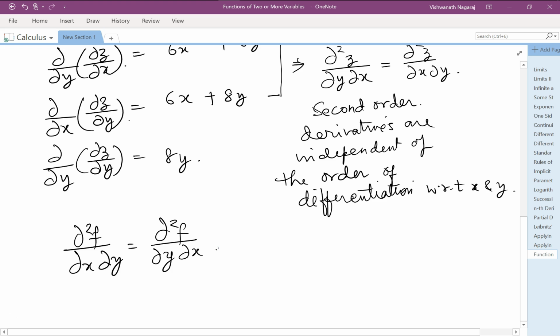Prove this for a given function. So which means anyhow you have to do partial differentiation the first time, then you'll have to do partial differentiation the second time. So automatically you will get practice for partial differentiation.